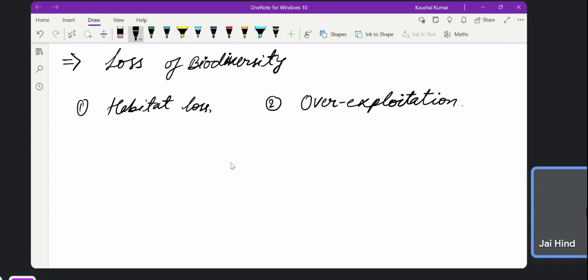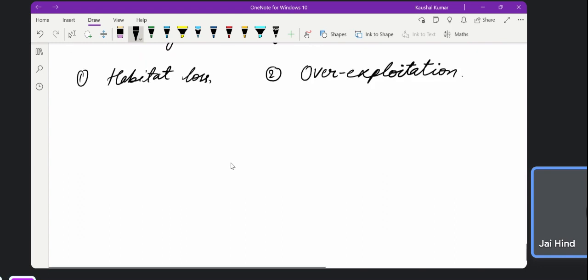The point is that we can fulfil hunger, but we cannot fulfil greed. Over exploitation is a kind of greed, taking more benefit from nature without consideration of nature's safety.